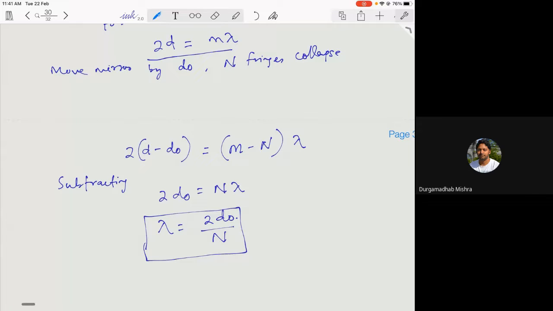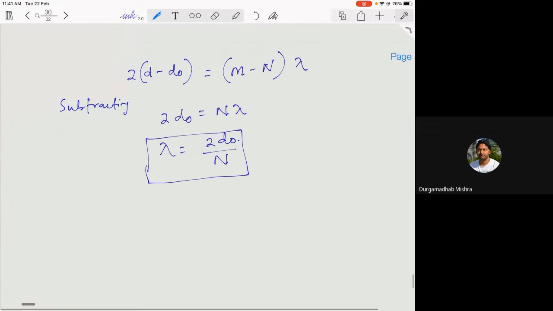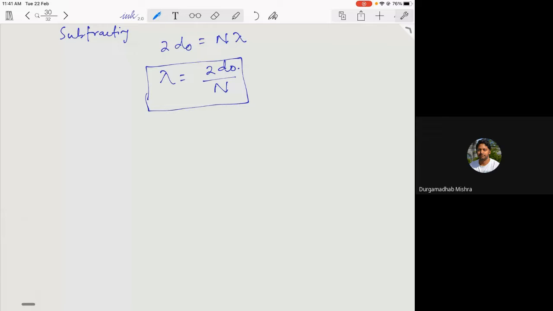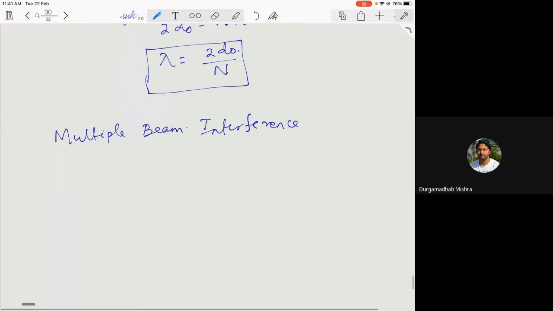Okay. Another thing which I will just partially mention here is that you can also achieve interference by multiple beams. So far what we saw used only two beams, produced in many different ways by dividing the wavefront or by dividing the amplitude.